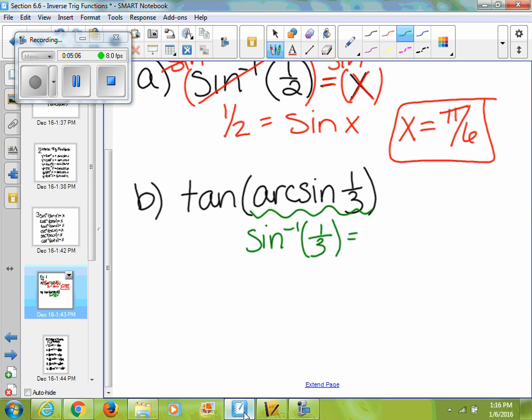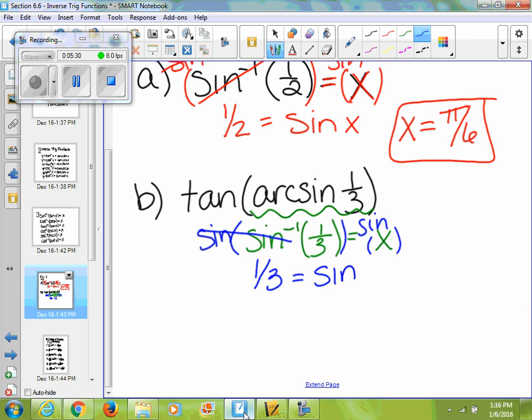And since I want to figure out what that equals, I'm going to set that equal to some unknown variable x. In order to get rid of my inverse sine, I'm going to take the sine of each side so that my sines cancel. So I'm left with 1/3 equals sine of x.